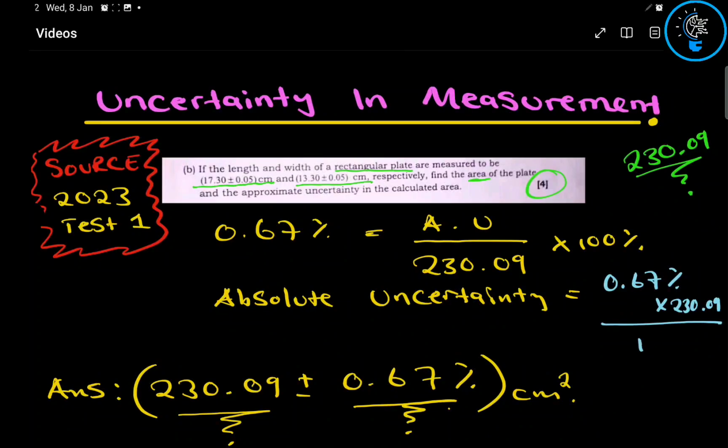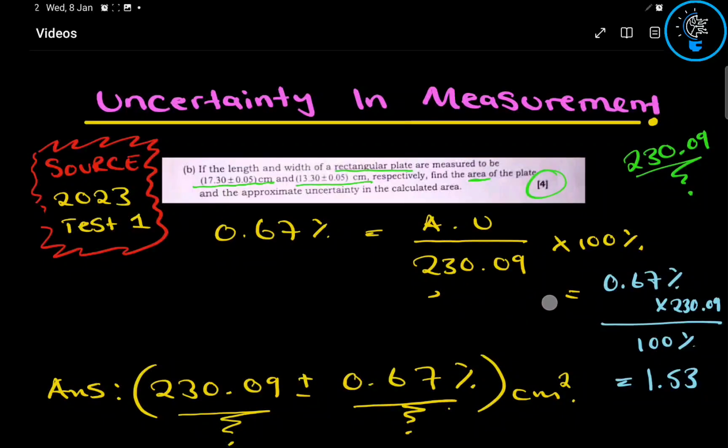Then we need to divide it by 100% to find the absolute uncertainty, which will give us this particular number times 230.09 divided by 100. That will be 1.53. Wow, 1.53.